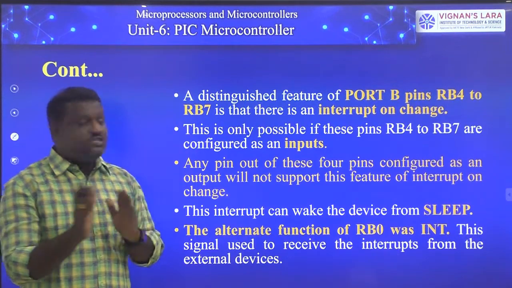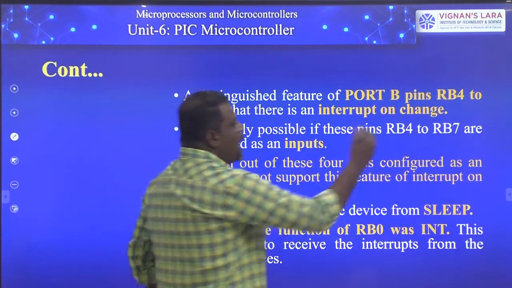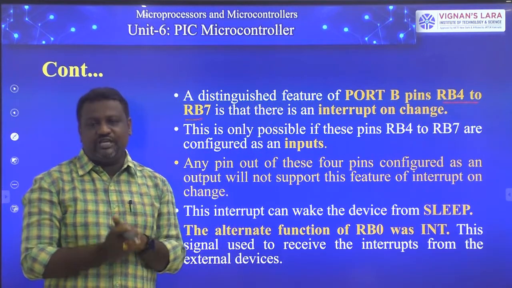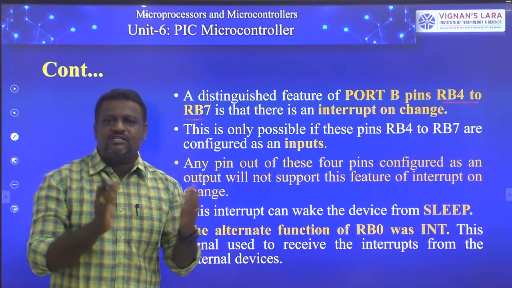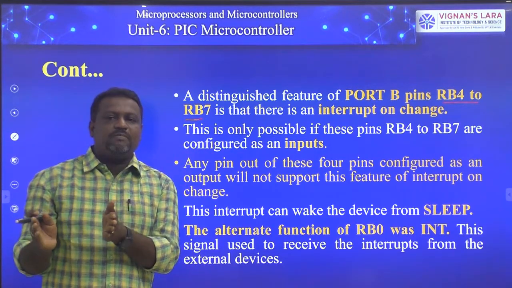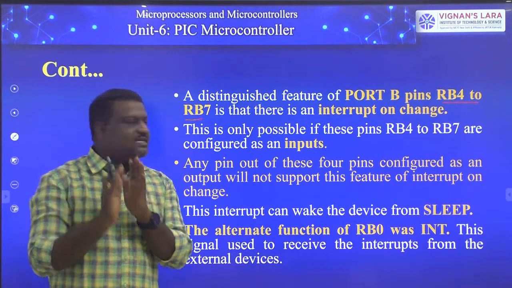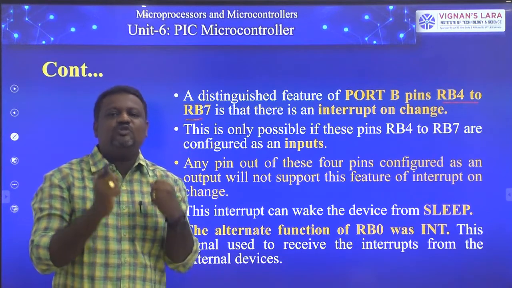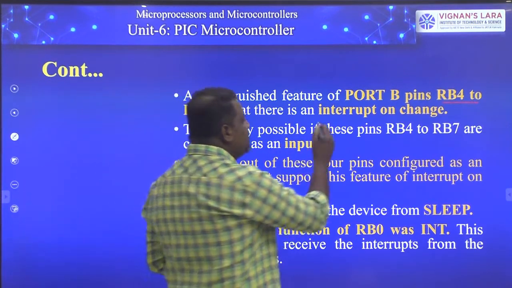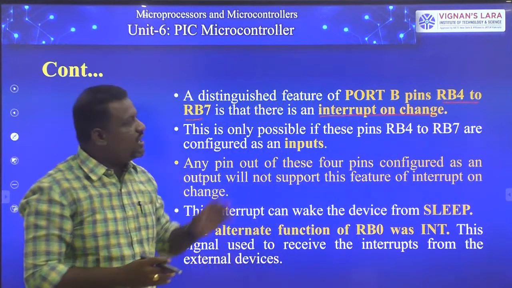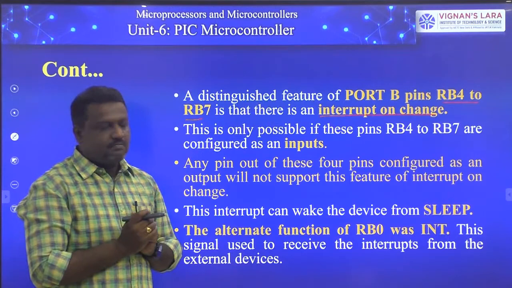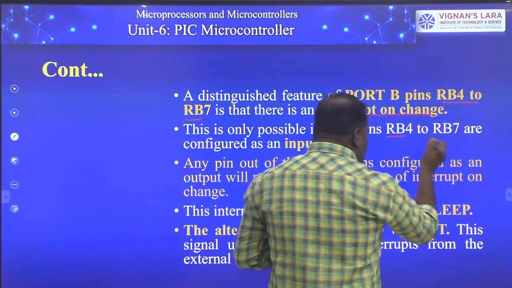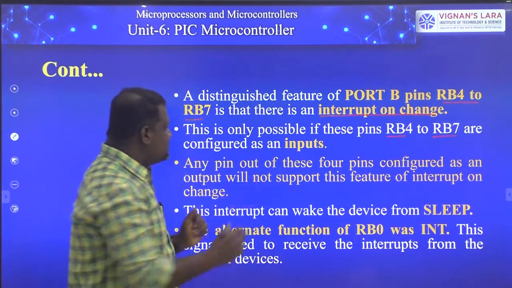Next, a distinguished feature of port B pins RB4 to RB7 is the interrupt on change. I am not considering all the signals RB0 to RB7, only RB4 to RB7. These 4 signals may generate an interrupt called the port B change interrupt, simply the interrupt on change. This is only possible if these pins RB4 to RB7 are configured as inputs.